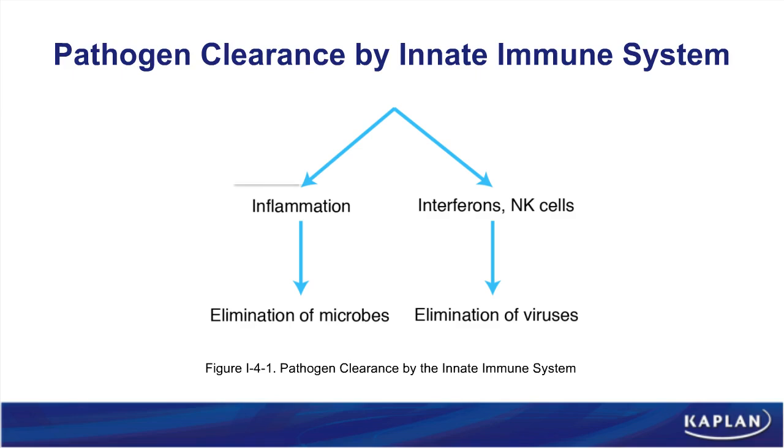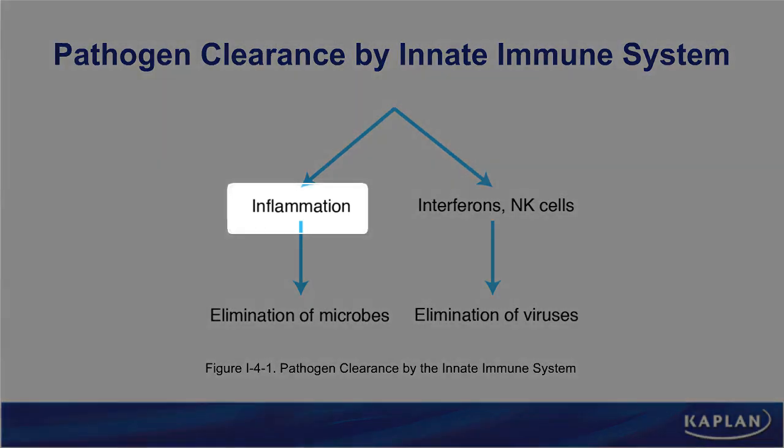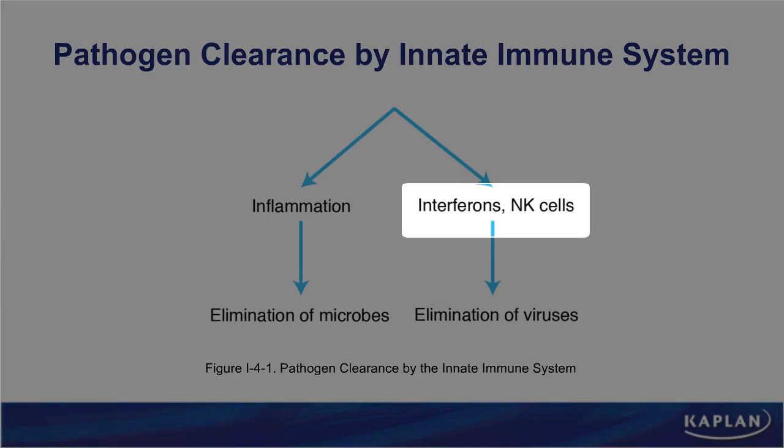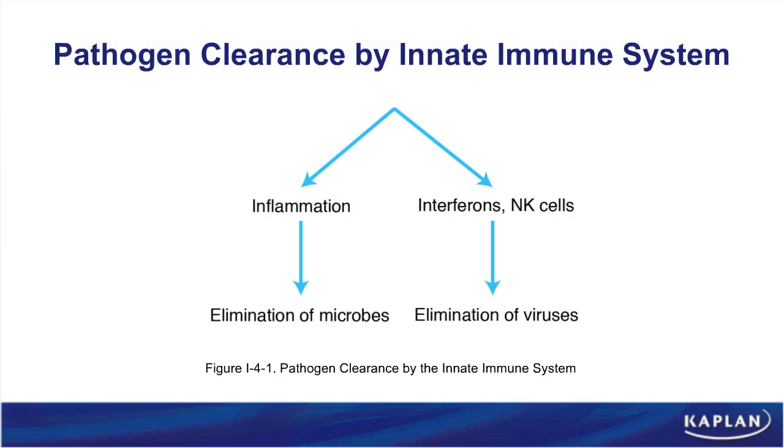We have the inflammatory response that helps us to eliminate microbes, and Dr. Ali is going to talk to you about that in just a little bit. And for our intracellular friends, we have molecules like interferons and cells such as natural killer cells that help us to eliminate viruses and other sorts of intracellular infections.